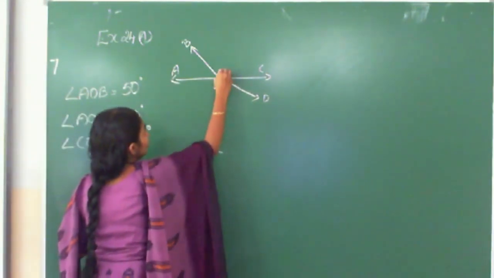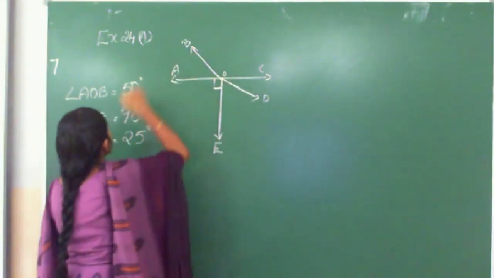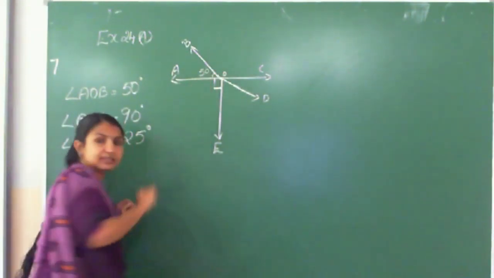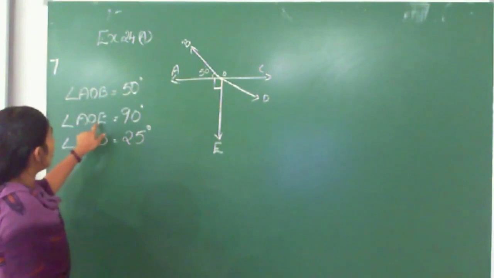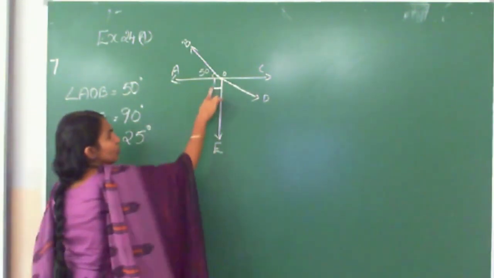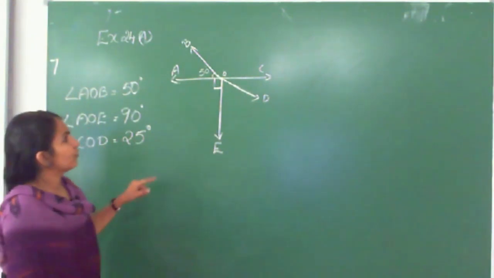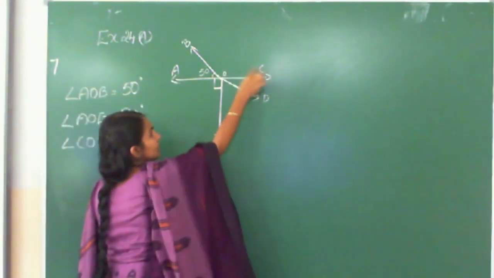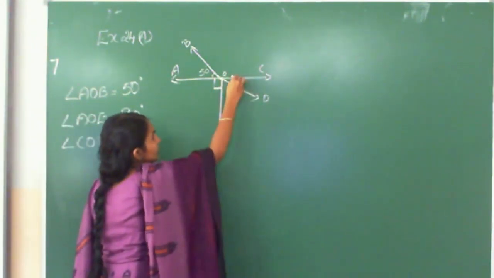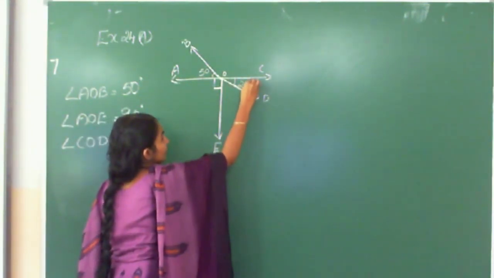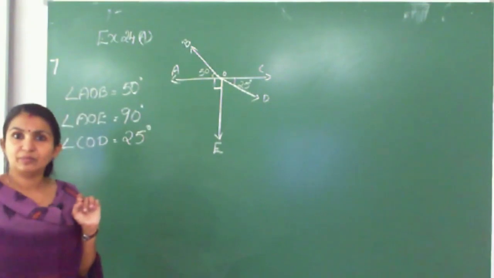This one is O. AOB is given and it is 50 degree. So I just marked it here. Now what? AOE is 90 degree. So it is already here, it is 90 degree. And COD is 25. Where is COD? COD means this angle. It is 25 degree. So these things are given in the question.